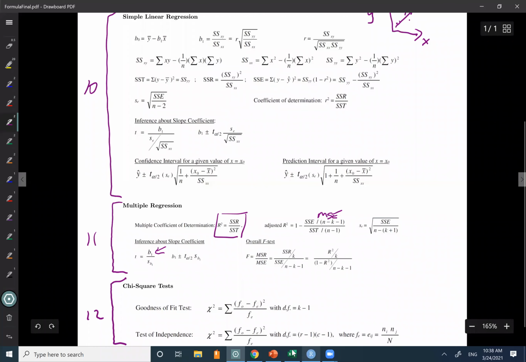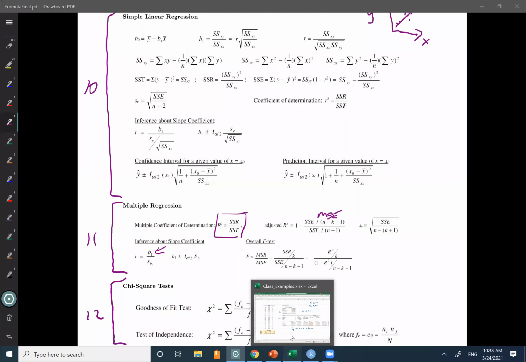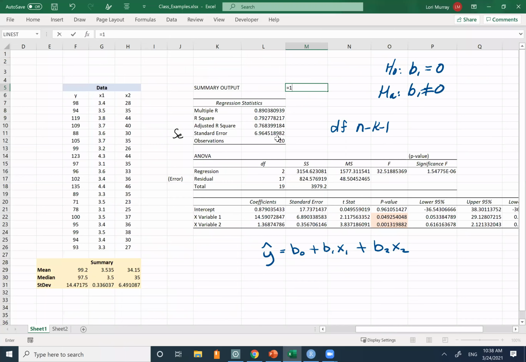So that's 1 subtract the mean square error, divided by the total sum of squares divided by 19, and voila, we have it, 0.76. So that's how you can get the adjusted R squared if you've only been given the ANOVA table.